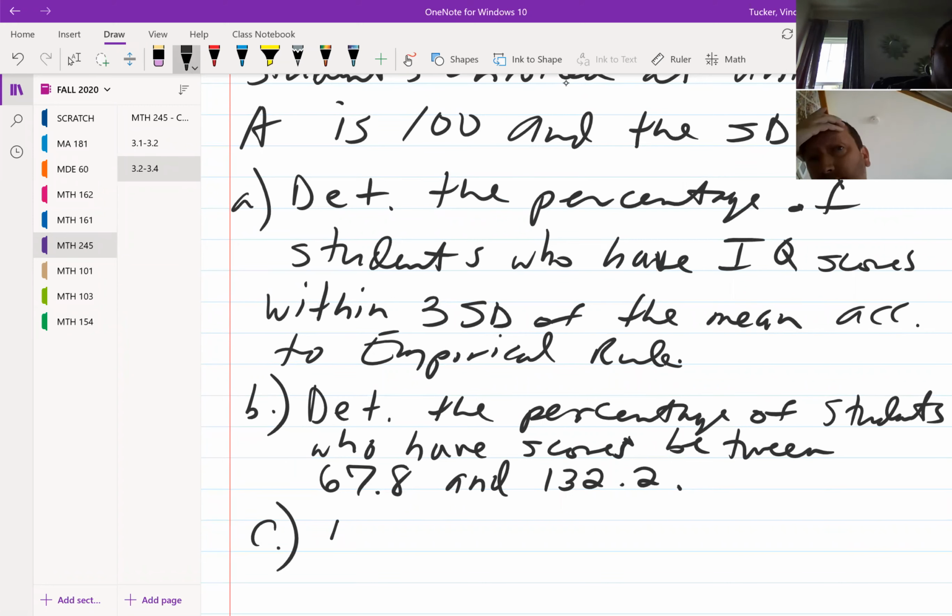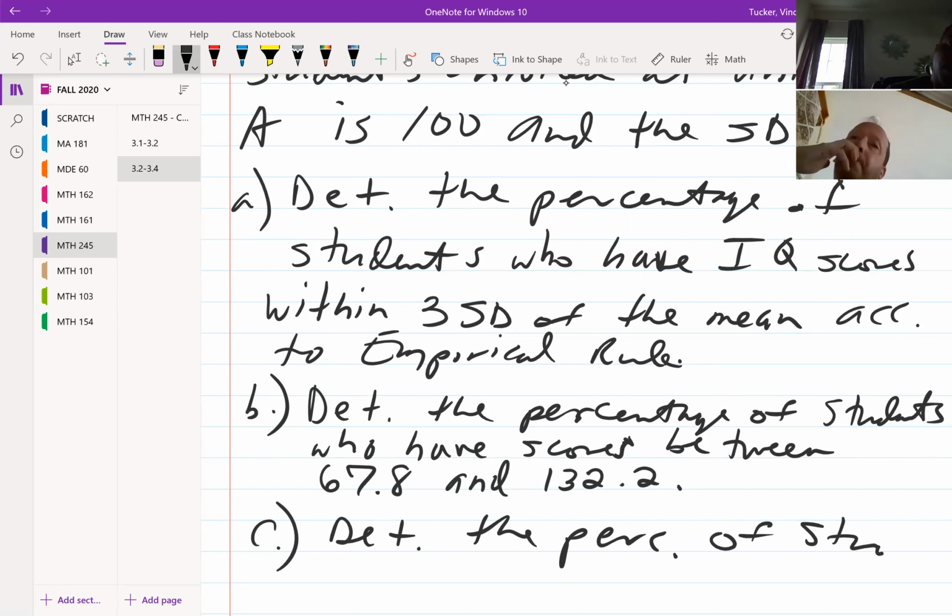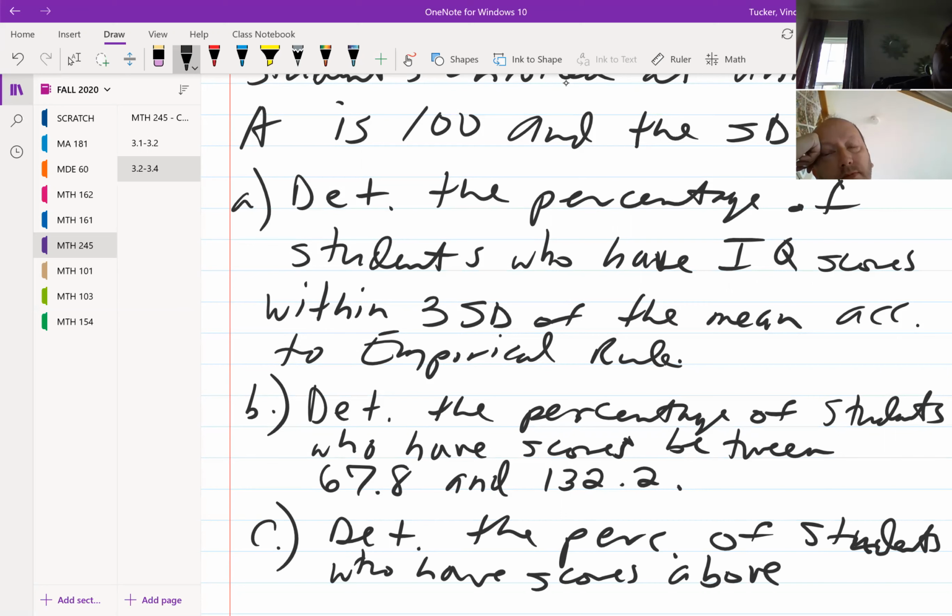And I'll do one more, determine the percentage of students who have scores above 132.2.